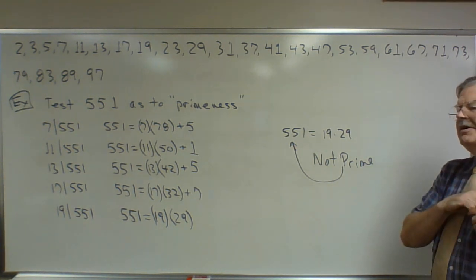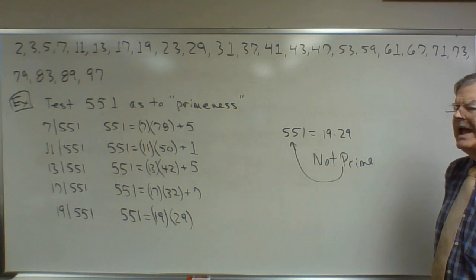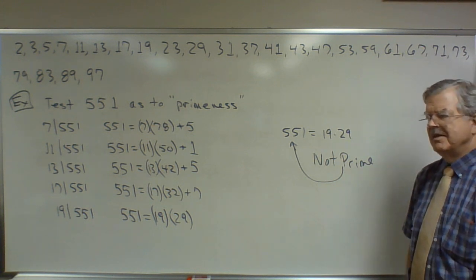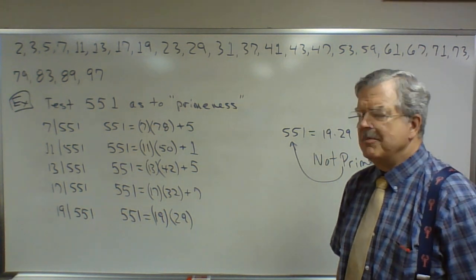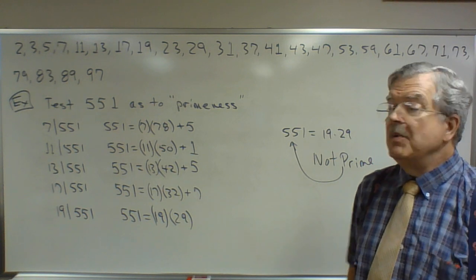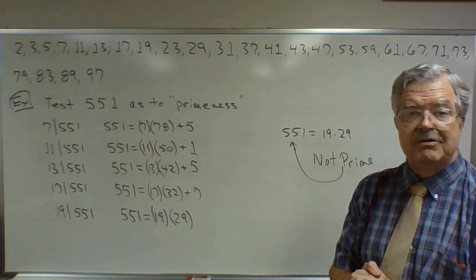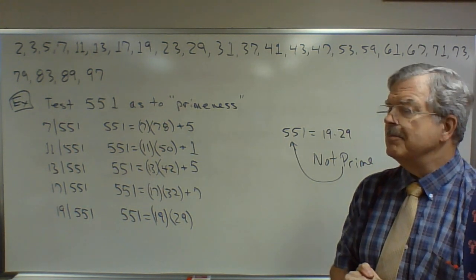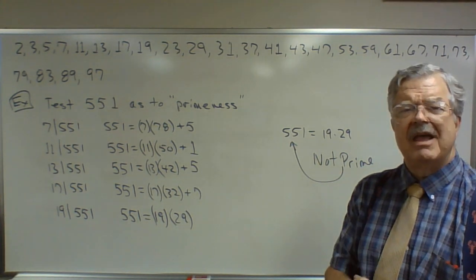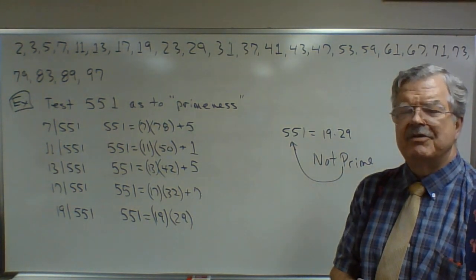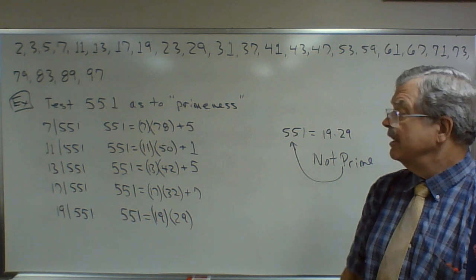So the Sieve of Eratosthenes gives us a way of generating prime numbers. And we have this theorem that tells us that if a number is composite, it has to have a prime factor less than or equal to its own square root.